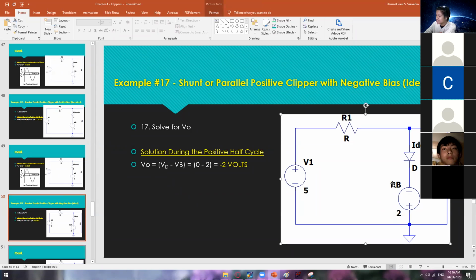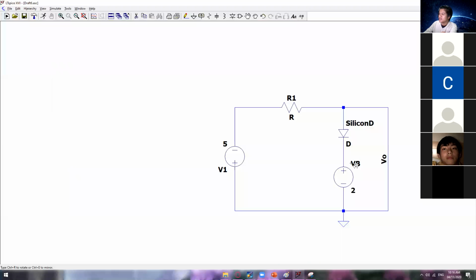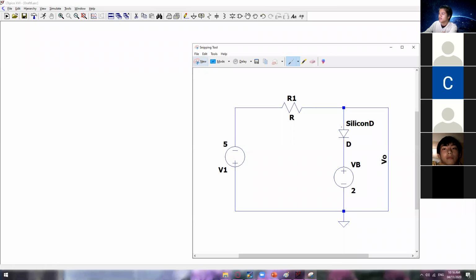So again, let me just change that one. So one is positive bias, negative bias, so the other way around, positive cycle.